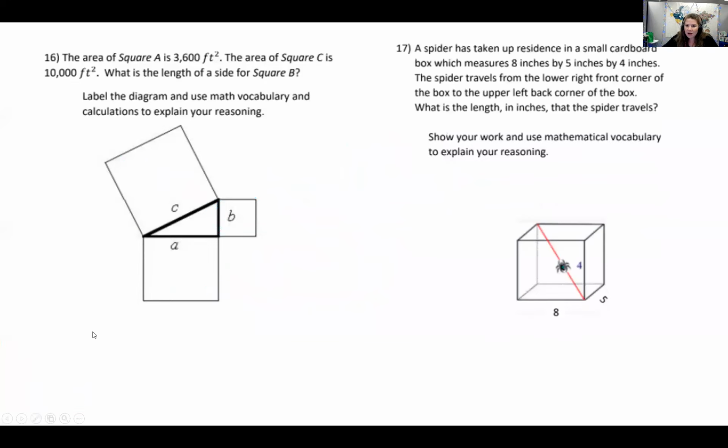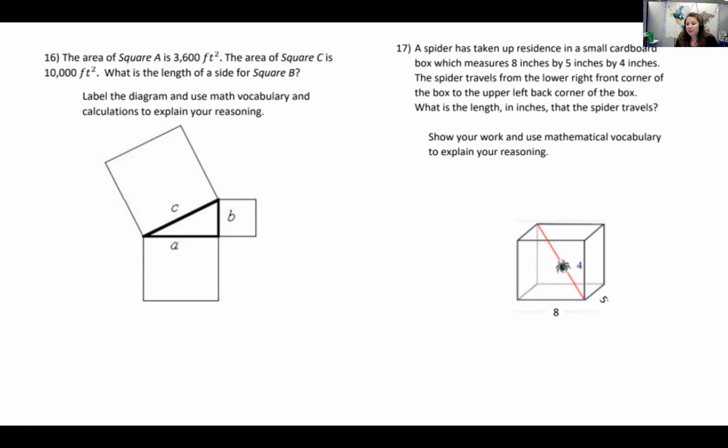Anyway, all right, let's look at, I believe this is the last one. A spider has taken up residence in a small cardboard box, which measures 8 by 5 by 4. The spider travels from the lower right corner of the box to the upper left corner of the box. So this is a three-dimensional box, and we're trying to find the hypotenuse, basically, of one of the right triangles.